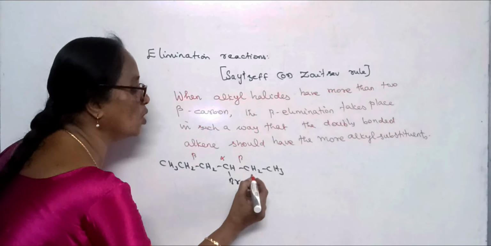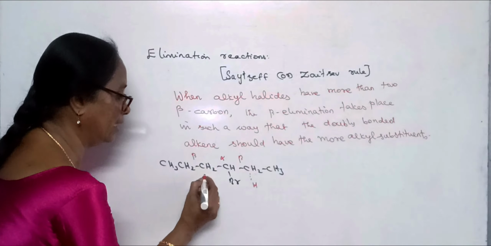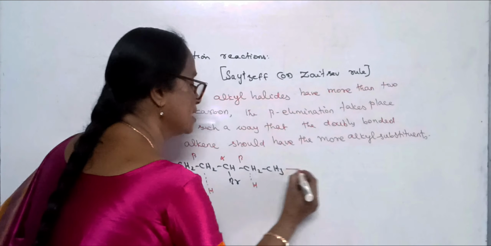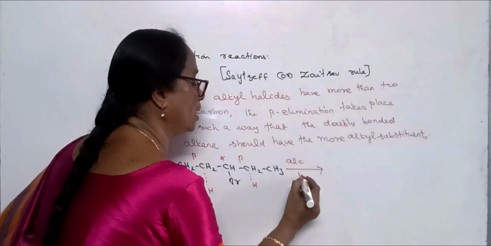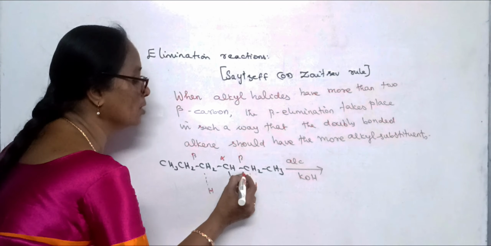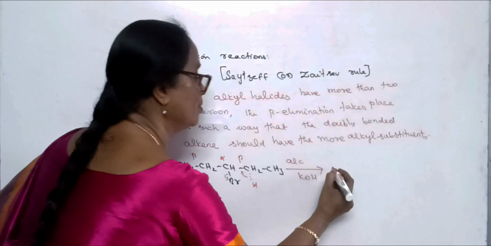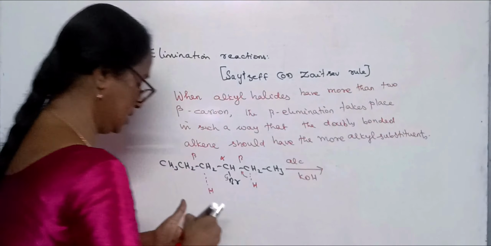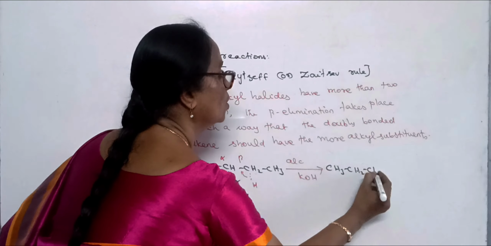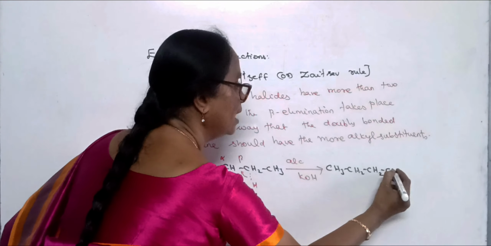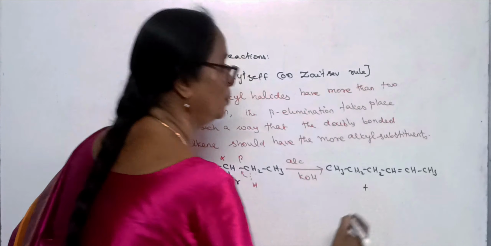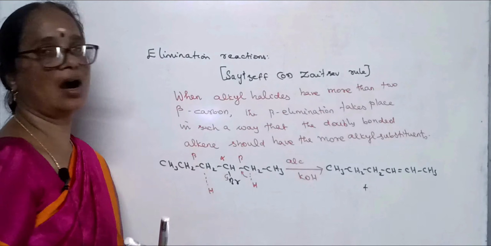So here we can eliminate, and here also we can eliminate. So in the presence of alcoholic potassium hydroxide, the elimination may lead to this. So I get the product CH3CH2CH2CH=CHCH3, plus the other beta carbon.